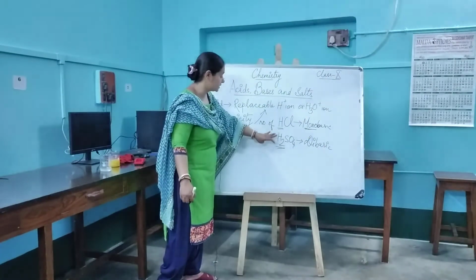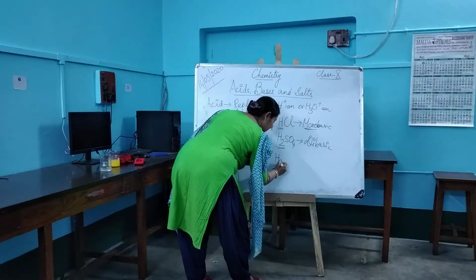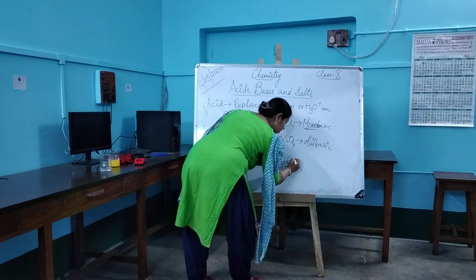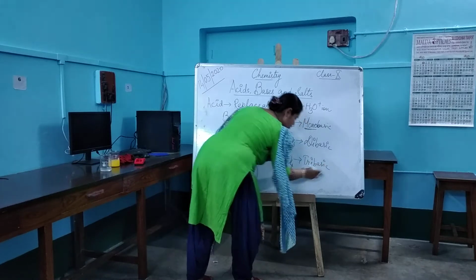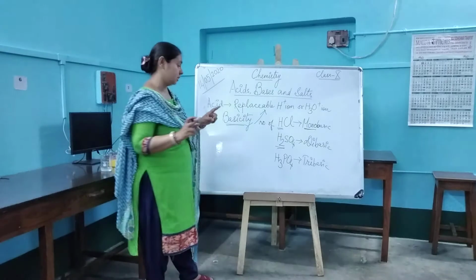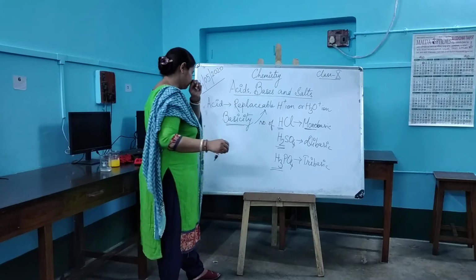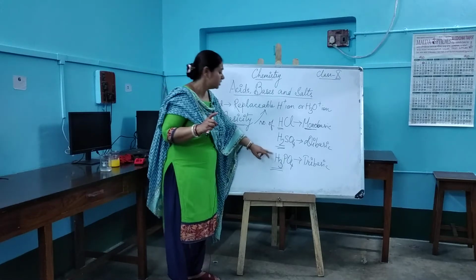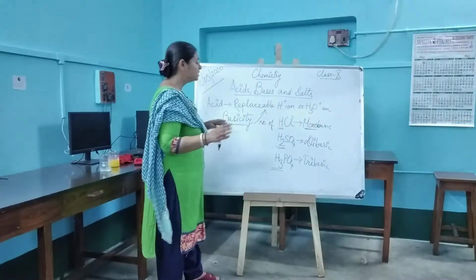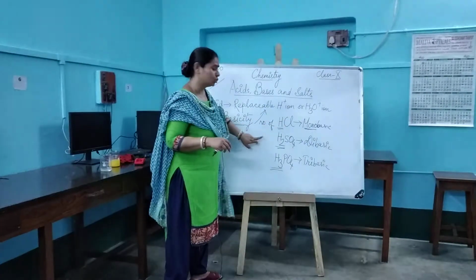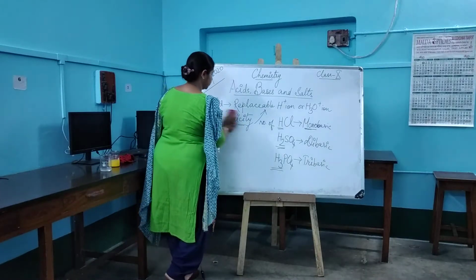So sulfuric acid is dibasic in nature, and phosphoric acid, H3PO4, is tribasic in nature because it has three replaceable hydrogen atoms. Is it clear to you? Now let us see why HCl is monobasic and why H2SO4 is dibasic in nature.